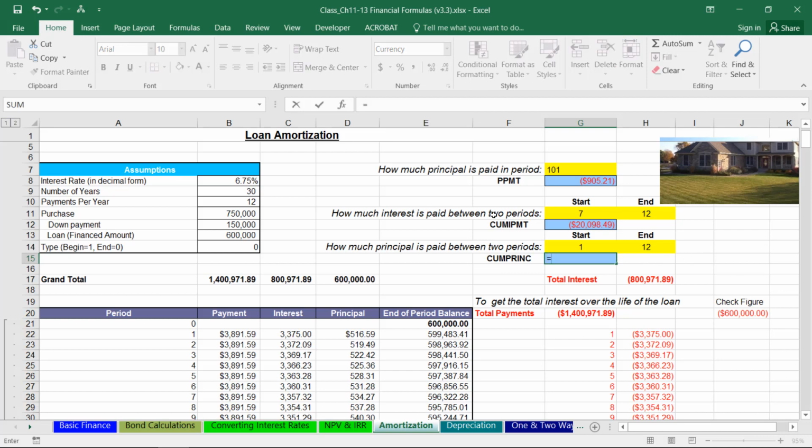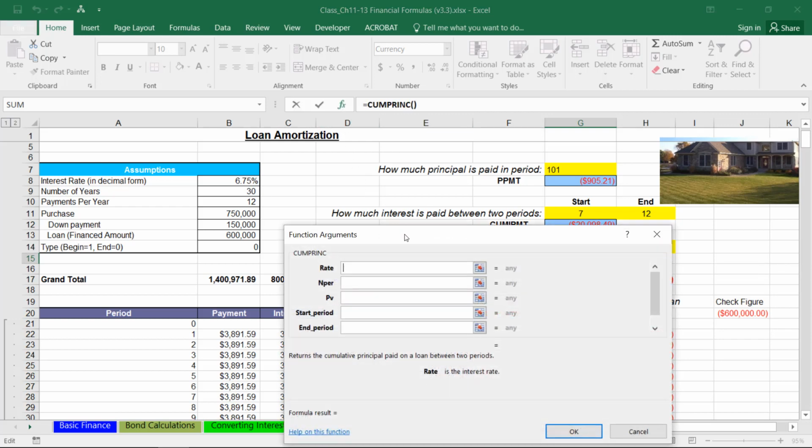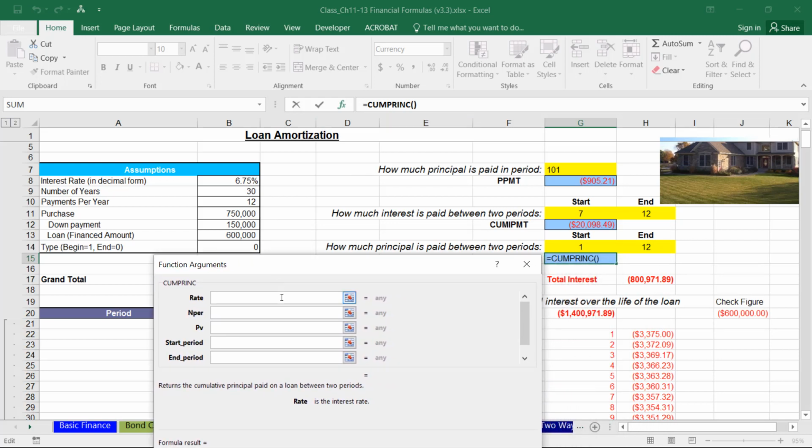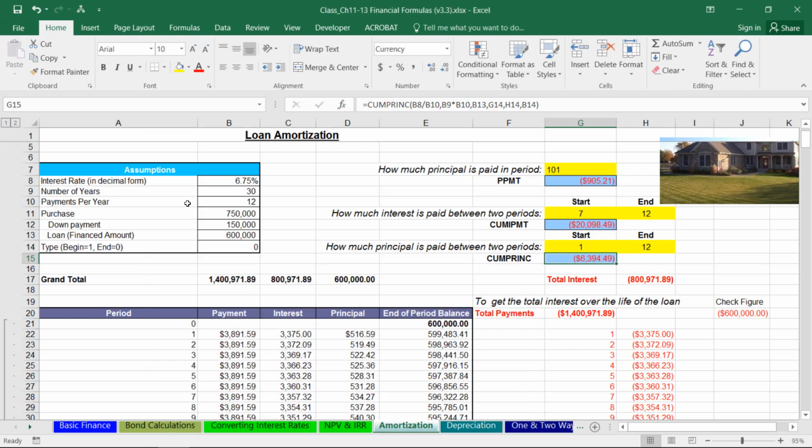Now enter the formula for the cumulative principal. Okay, we'll do it together. Rate divided by periods. Hopefully by now you've been able to get this. And our type, enter.